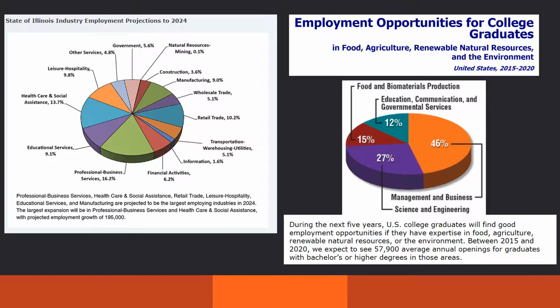And also, unlike other parts of the state, manufacturing still continues to be a big employer, especially in the Rockford and the Sauk Valley areas. So we try to make sure that we plan our curriculum to prepare students in these areas where employment will be needed, where there will be job vacancies and the opportunity to earn a good living.